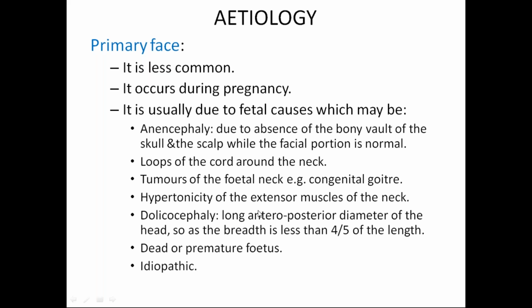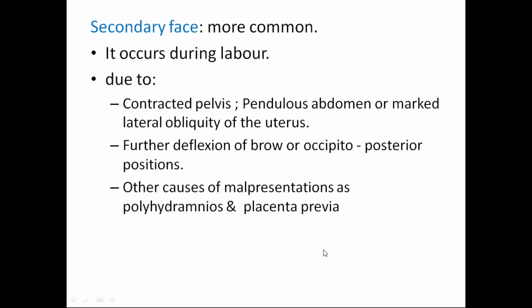In such heads also, flexion will not occur. Or a dead or a preterm baby, and maybe idiopathic or polyhydramnios and others. Especially you have to think of, in face presentation, other than the common causes which we discussed in the early part of the class, those abnormalities which prevent the flexion of the fetal neck, like cord around the neck or tumors of the fetal neck, congenital goitre, all those things.